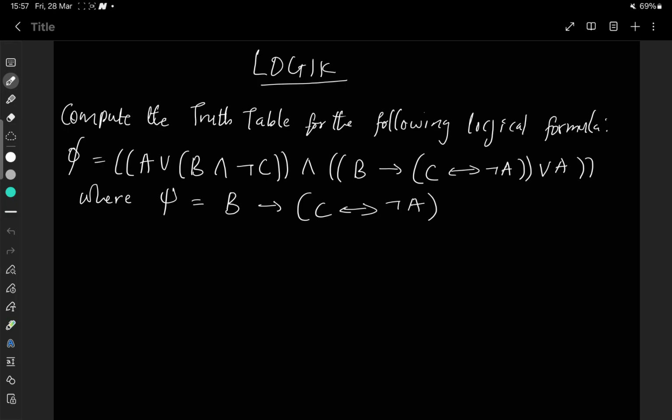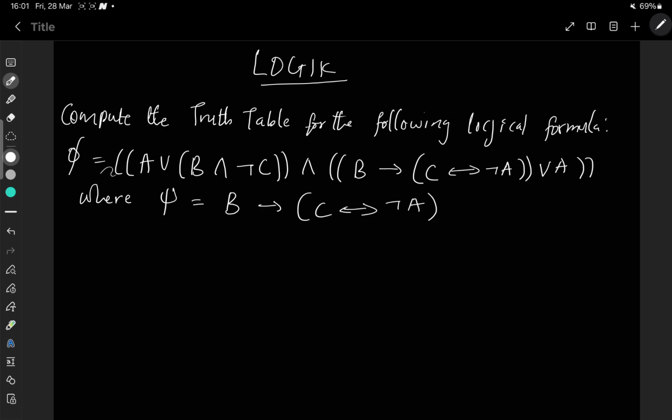So in this example, we are to compute the truth table for the following logical formula. Phi, here is phi. This is a Greek letter used in giving logical equations.